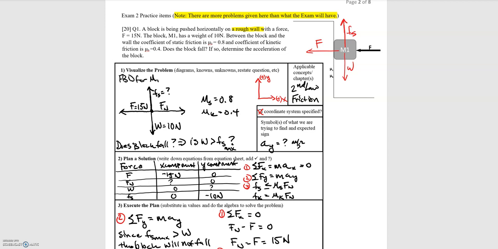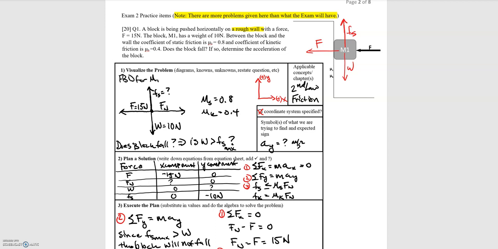And is this all the forces? Well, the block is up against the wall, and we're pushing the block into the wall, so the block's applying a force to the wall. So by Newton's third law, the wall must be pushing back on the block.